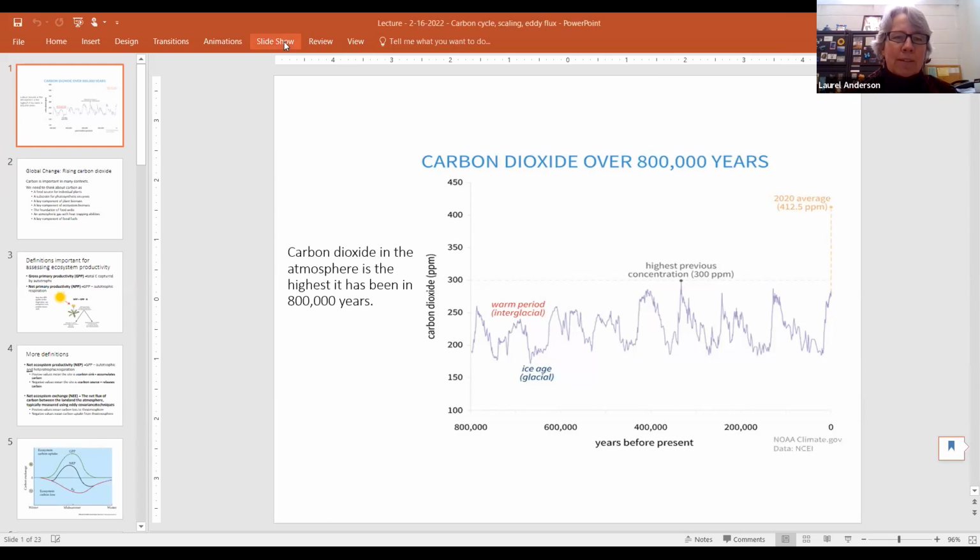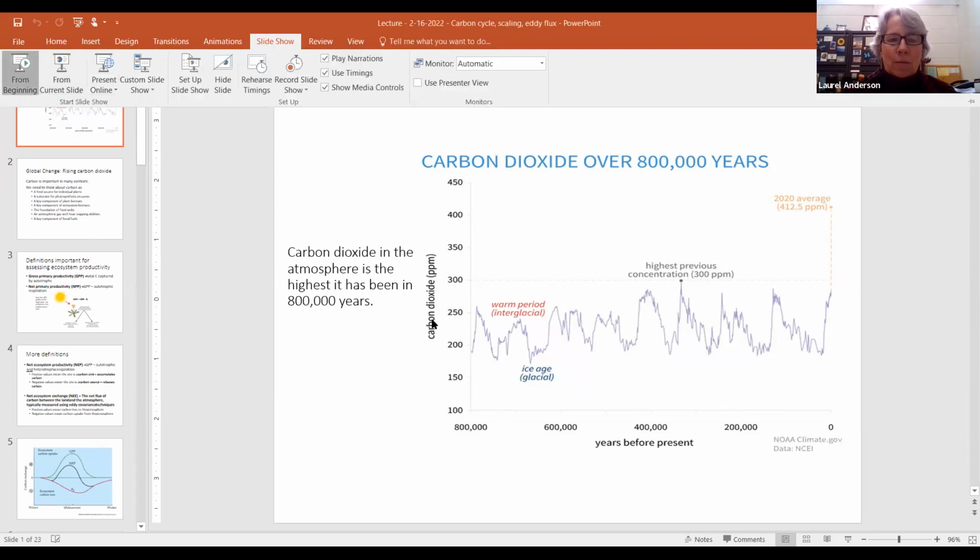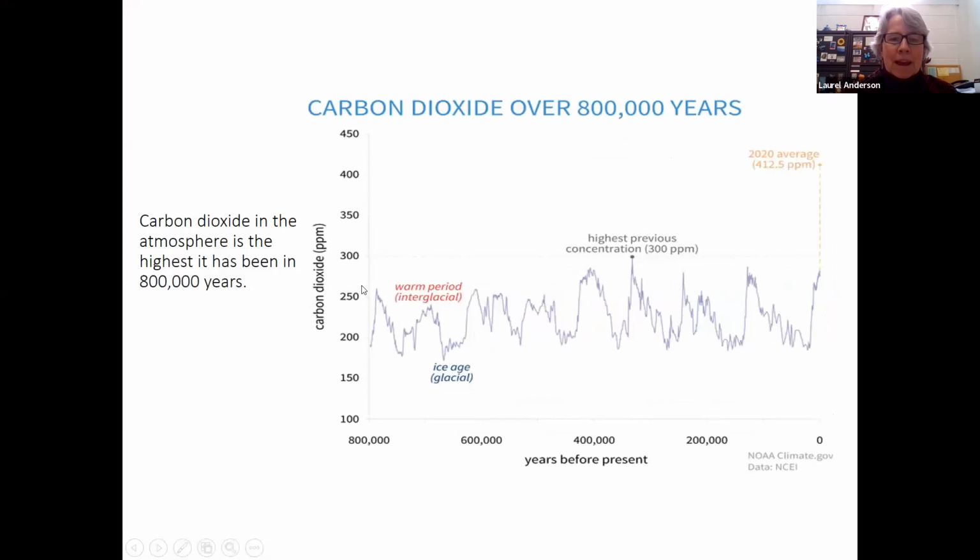I'm going to increase the size of this so you can see it well. We've got carbon dioxide on the y-axis, and the present day is over here at 0, and then you go back 800,000 years before present. You can see carbon dioxide bouncing between about 180 parts per million up to 250, and then this is the 2020 average of 412. So the ice core data definitely show that we have the highest CO2 levels that we've seen in the last 800,000 years.